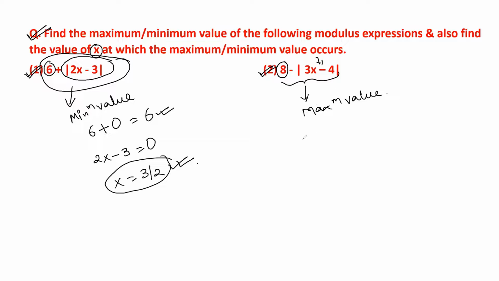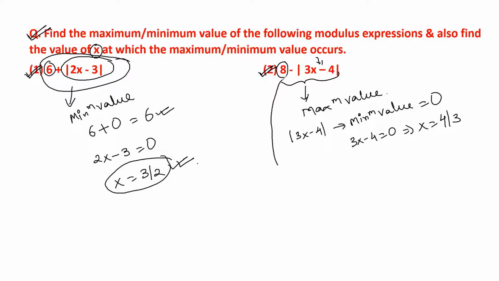And we know that |3x - 4| will attain a minimum value of 0 at 3x - 4 equal to 0, that is at x equal to 4/3. So the maximum value that this expression will attain would be simply 8 - 0, that is 8, and the point at which it will attain the maximum value would be simply x equal to 4/3.